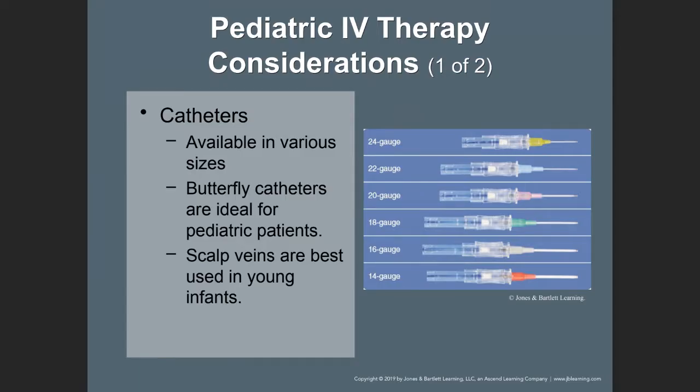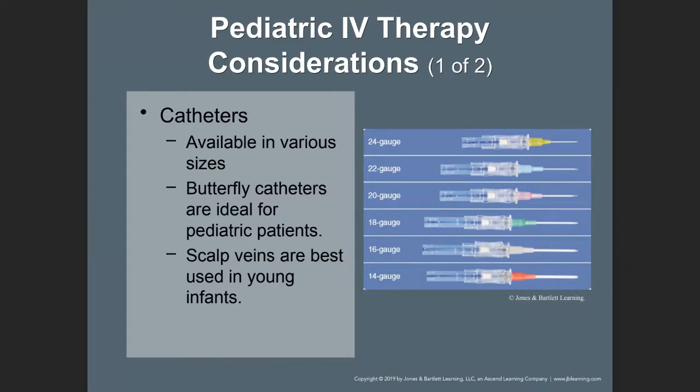16 is ideal for fluid resuscitation, but you need a decent size vein to fit a 16 gauge catheter. So if you are thinking about putting in a 16 gauge, but the patient's vein doesn't look like it can fit a 16, then you go to an 18.